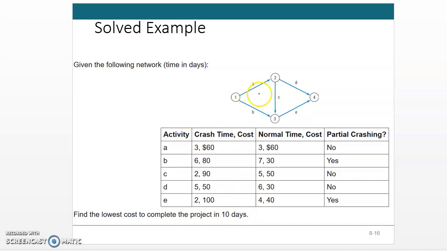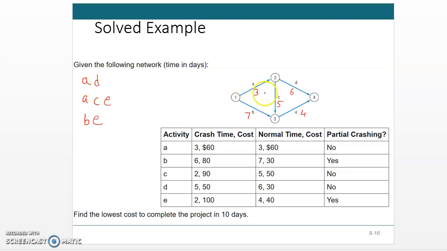Activity times are: A is 3, B is 7, C is 5, D is 6, and E is 4. There are 3 paths in this network: A-D, A-C-E, and B-E.